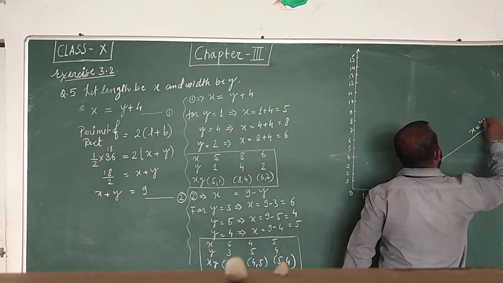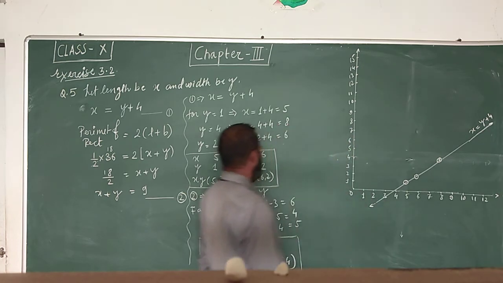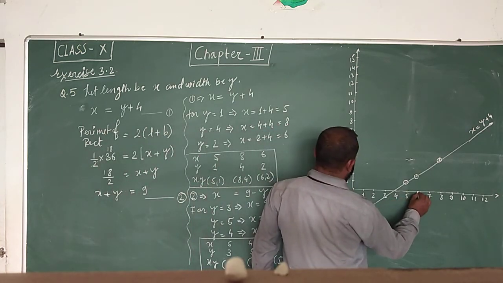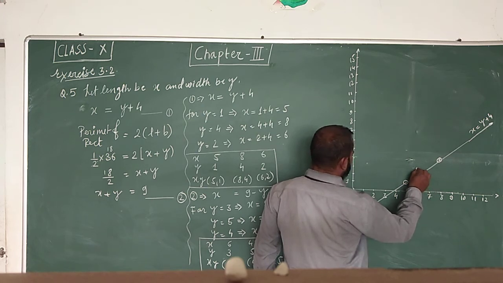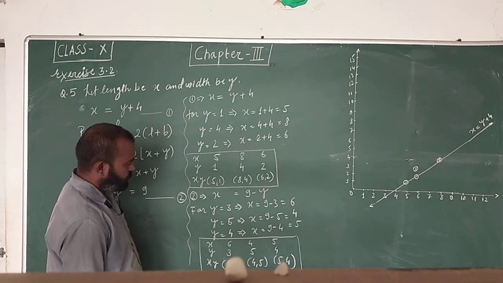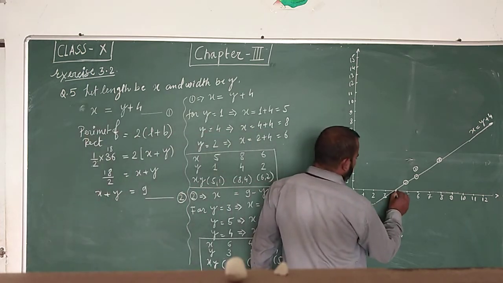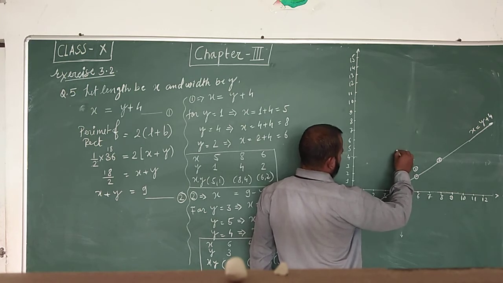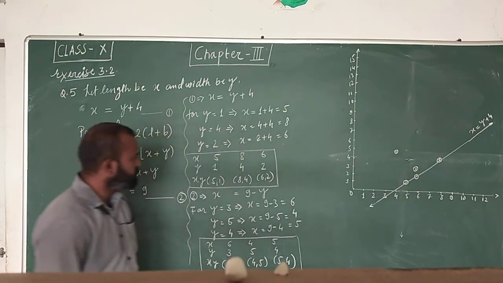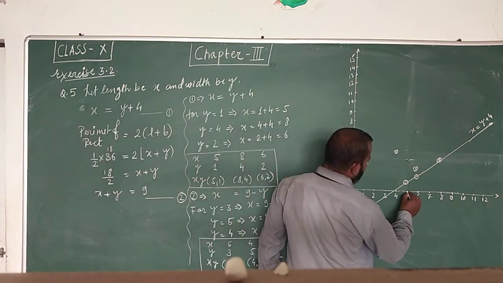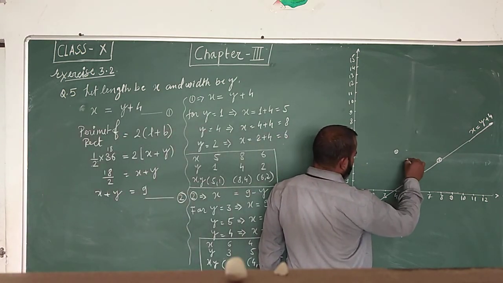x equals to y plus 4. Another line. 6, 3. Then 4, 5 and 5, 4.